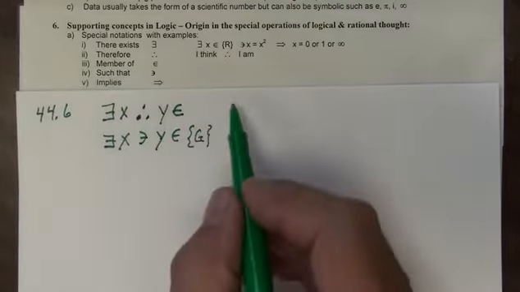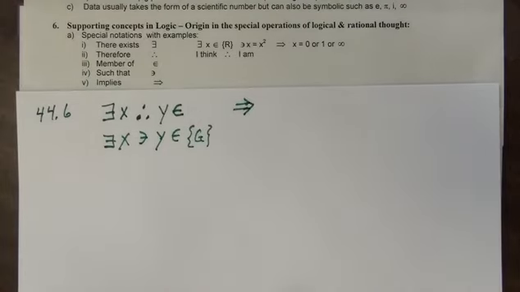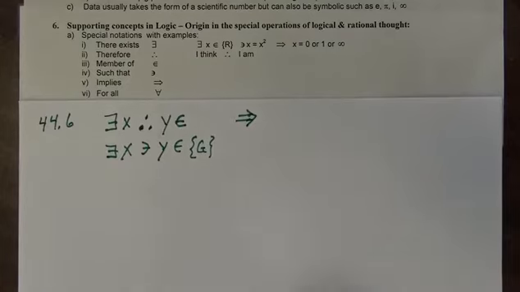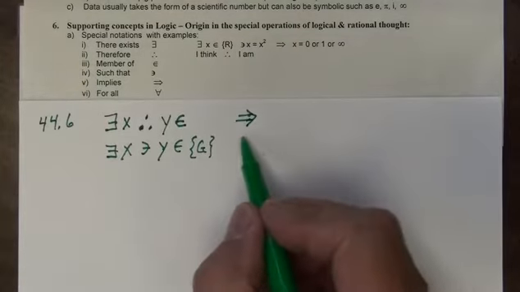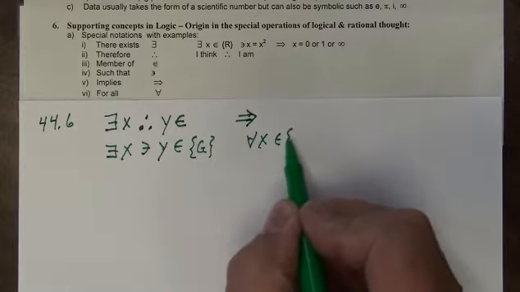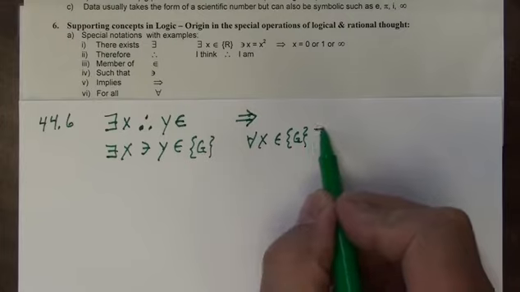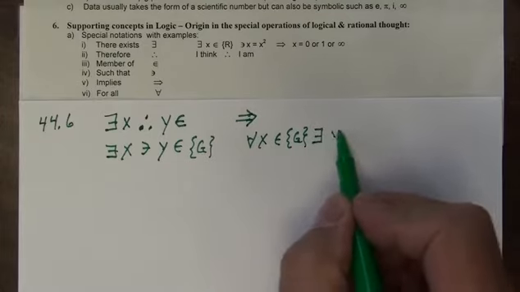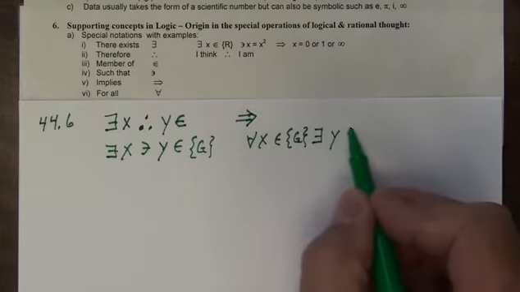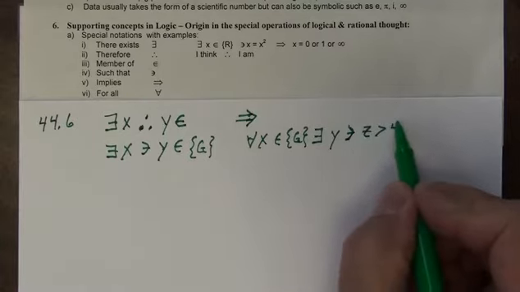This symbol is implies or leads to. This symbol is for all. We'd say for all X member of the set G, there exists a Y such that Z is greater than 4.